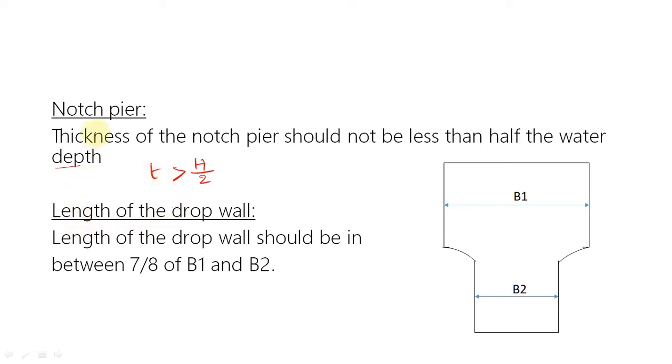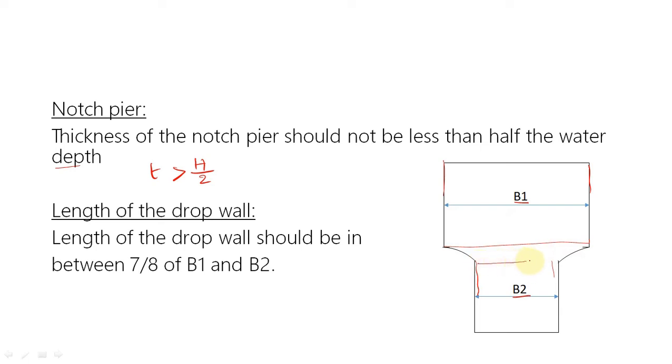Okay, then the notch dimensions are fixed, and then the notch pier, and then the length of the drop wall. Suppose this is the upstream canal, whose width is B1, and the downstream canal, whose width is B2. Now what should be the length of the drop wall? Shall we provide it for the entire length?